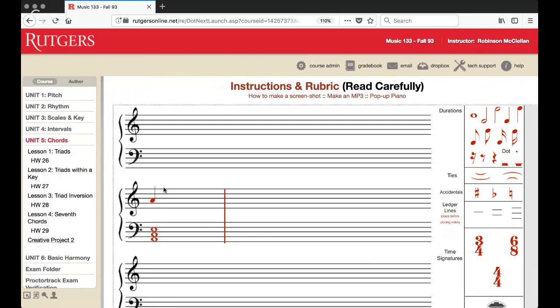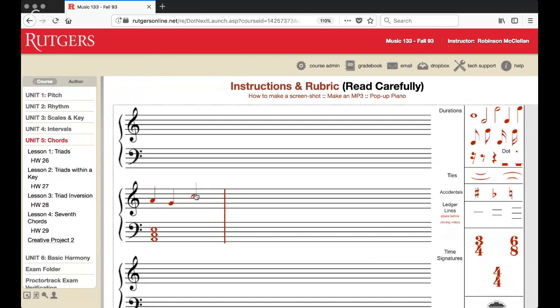And you'll note that I have an A minor chord down here, and I've put an A in the melody. And then I can have a tone that's not in the chord. And then I maybe want another tone that is in the chord. So I'd put that there. But this came up in the Creative Project one also.